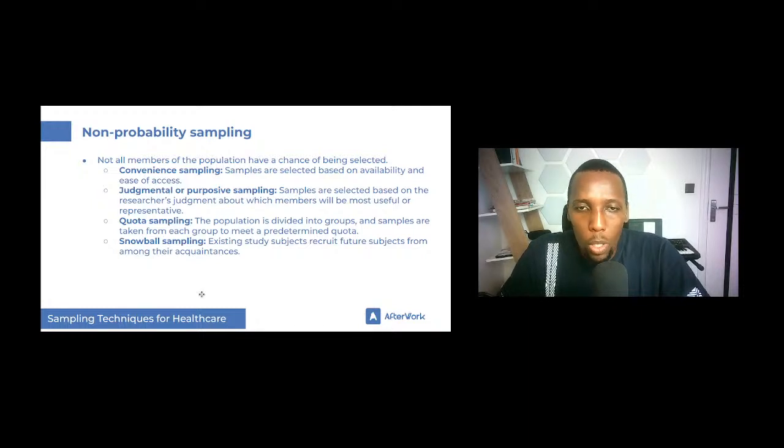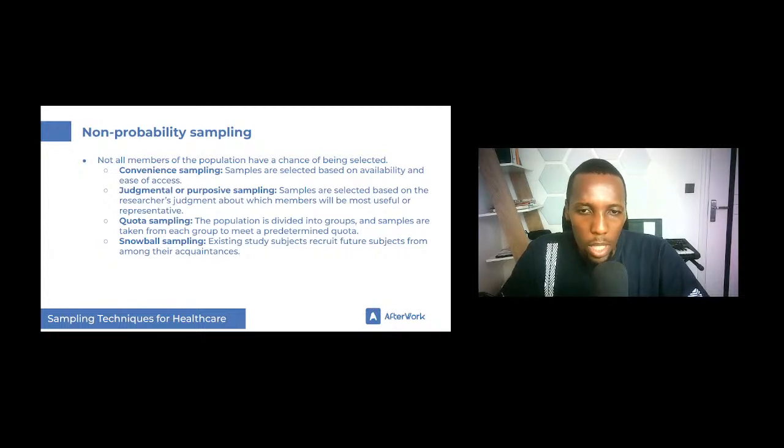Lastly, snowball sampling involves using existing study subjects to recruit future subjects from among their acquaintances. For example, if a researcher wants to undertake a study that involves a rare disease, finding those respondents would be challenging.